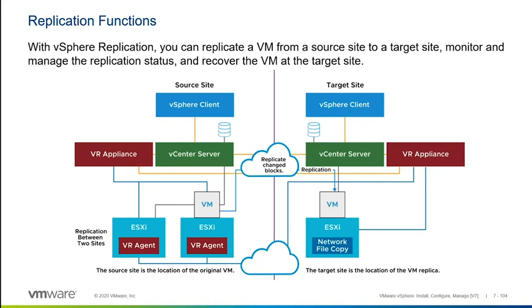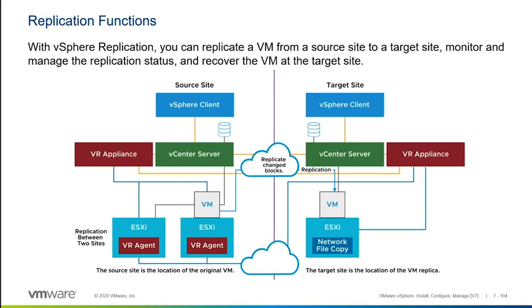Then what happens as new writes are being committed to your data stores? The vSphere replication agent will take those new blocks and copy them to the vSphere replication appliance. Then, at a predetermined time, the changes since the last time replication occurred to the target site will be copied to the target site, where they will be written down to the data stores that you have selected on the target site for replication. Okay?